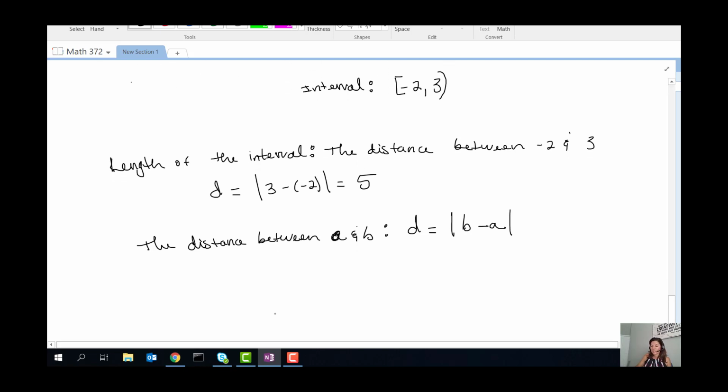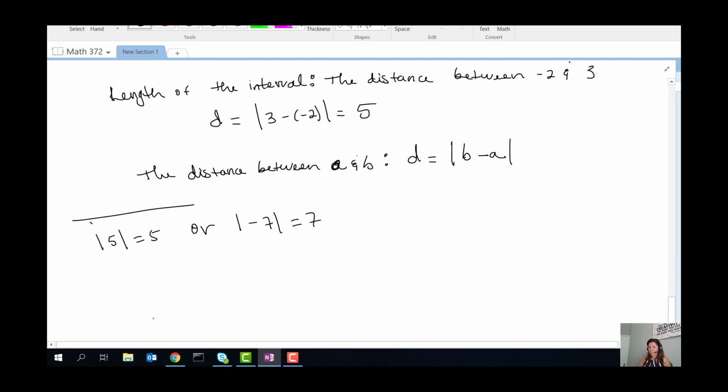So when you see things like the absolute value of 5 is 5, or the absolute value of -7 is 7, you're really saying the distance between 0 and 5, which is the absolute value of 5, which is 5.